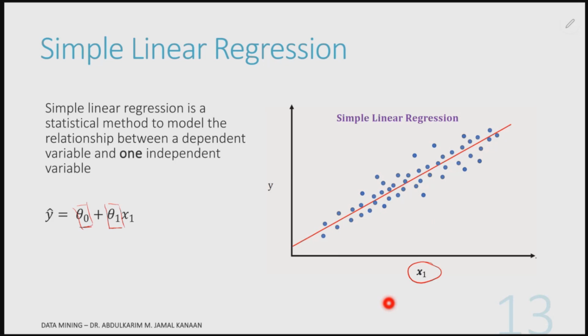Those two values in simple linear will determine your line. This is the equation for a line, right? So once we find theta 0 and theta 1, that's it. During modeling, the algorithm will look for theta 0 and theta 1 that yield a linear model with minimum error. So the quality of your model depends on these, which we call parameters.